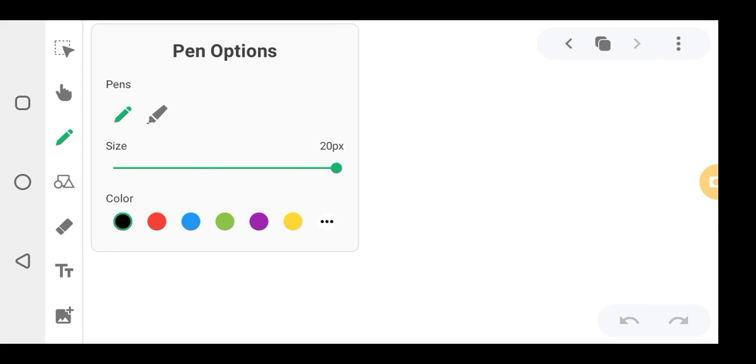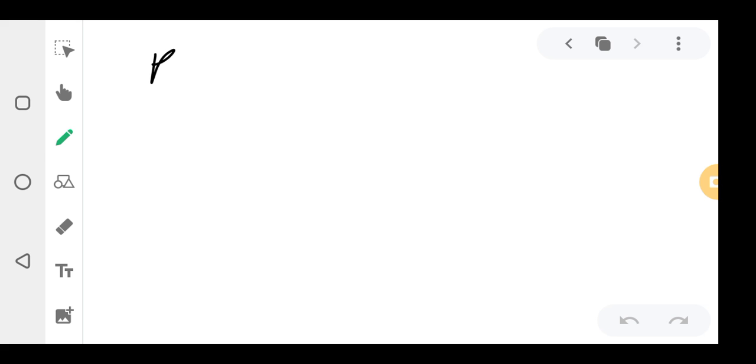Now, how does a rhizopus look like? You have seen this.